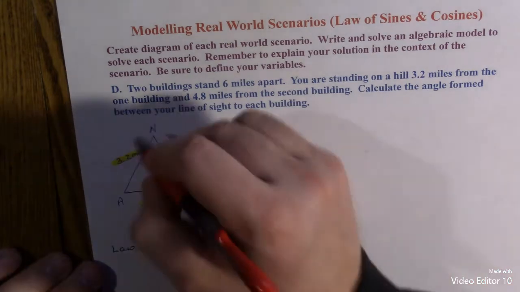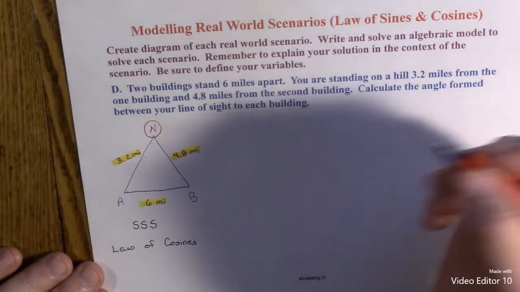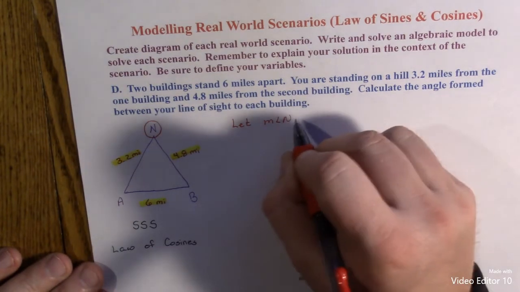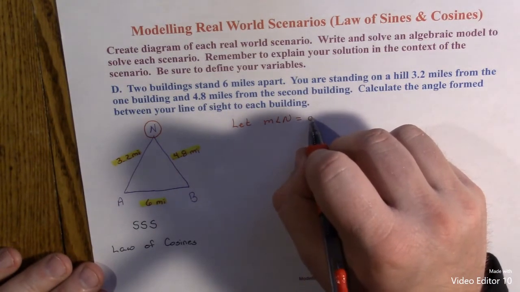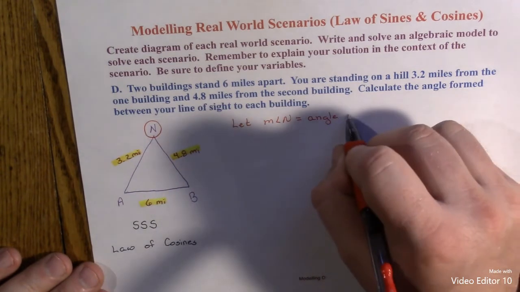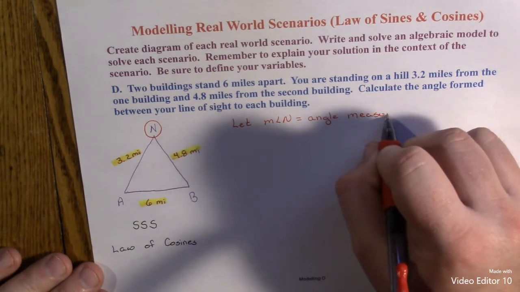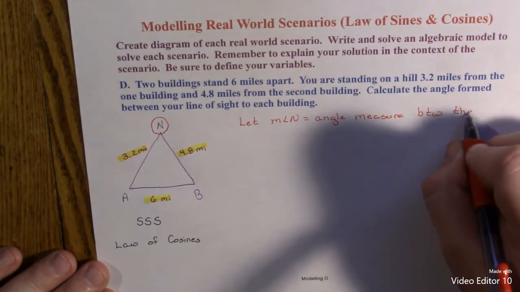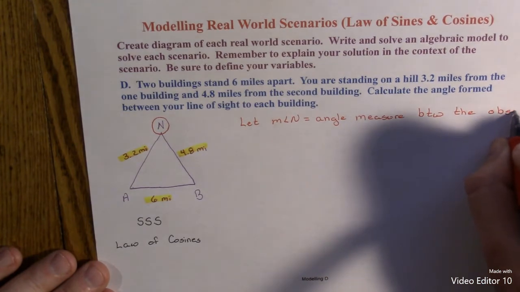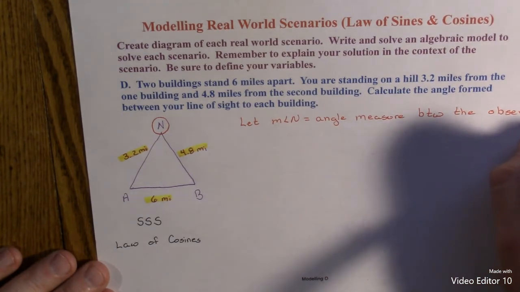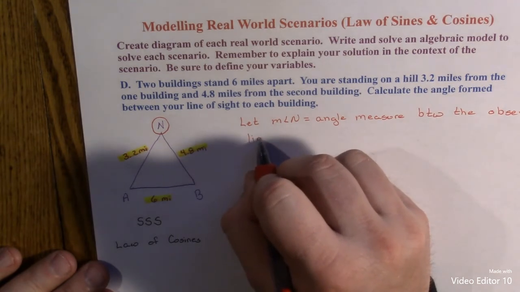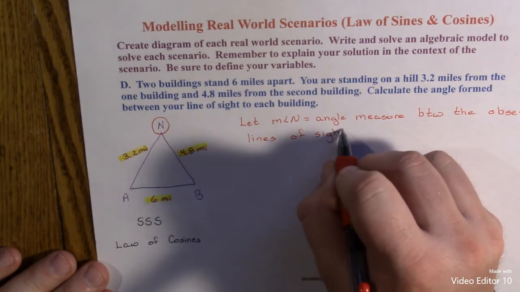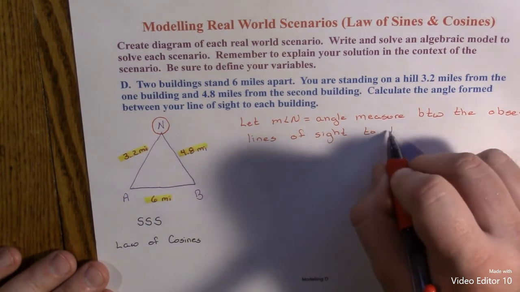Since we are looking for angle N, we're going to let the measure of angle N be the angle measure between the observer's lines of sight to the buildings.